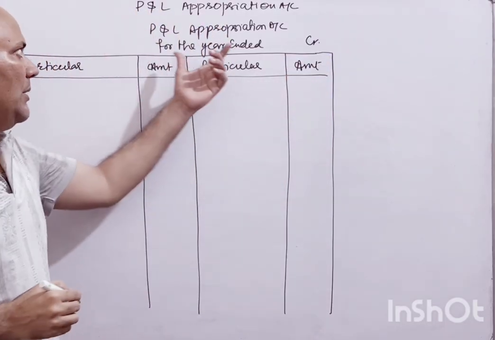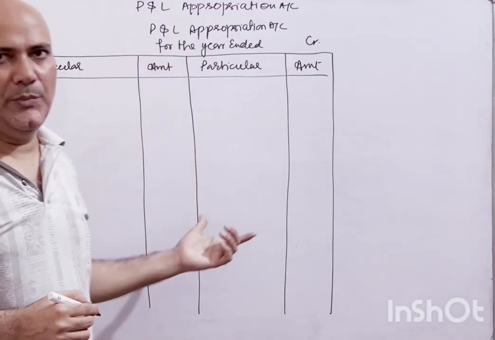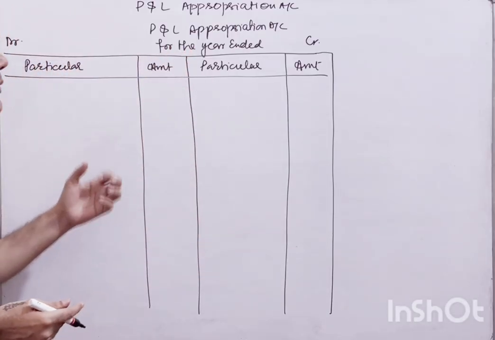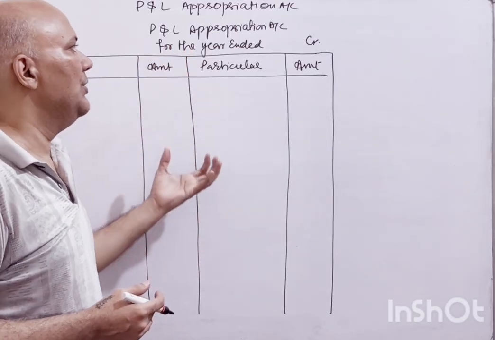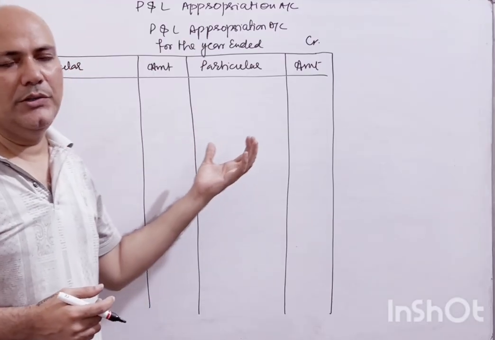Now, profit and loss appropriation, and you have to follow this format, right? So first thing, this is an extension of your profit and loss account.